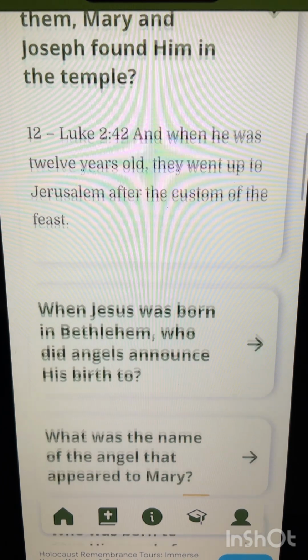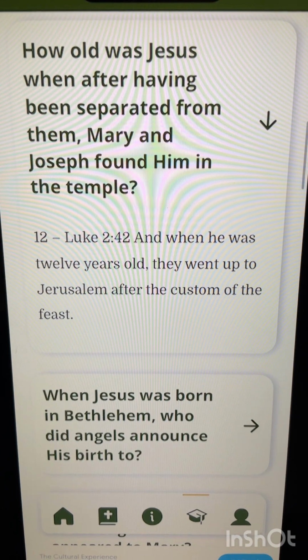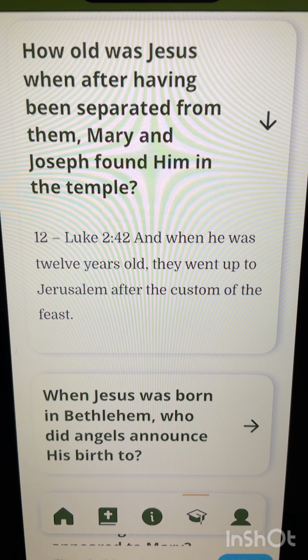Jesus was 12 years old, and that is in Luke chapter 2, verse 42, which says, when he was 12 years old, they went up to Jerusalem, and after the custom of the feast.